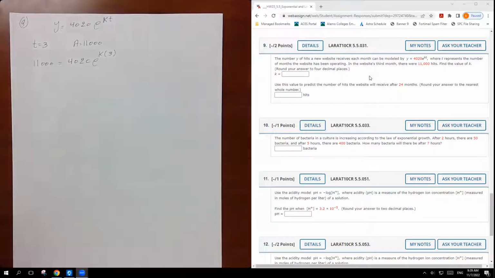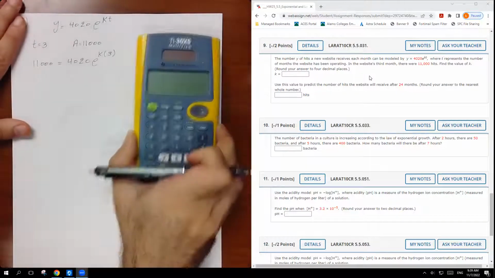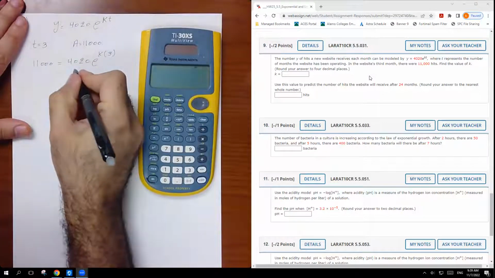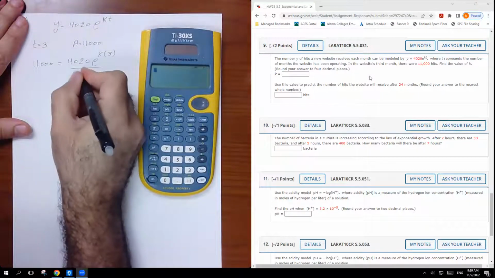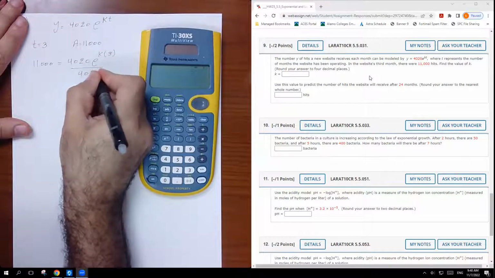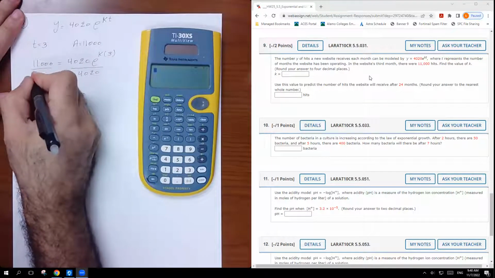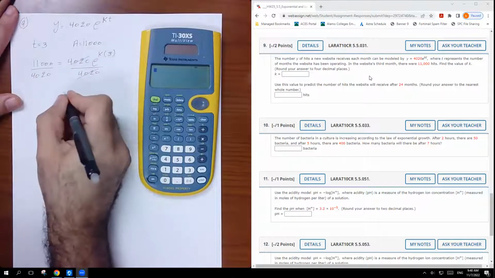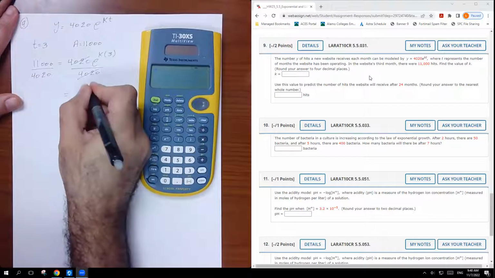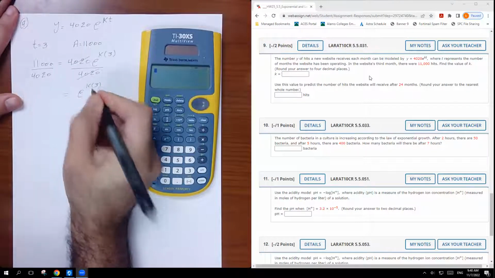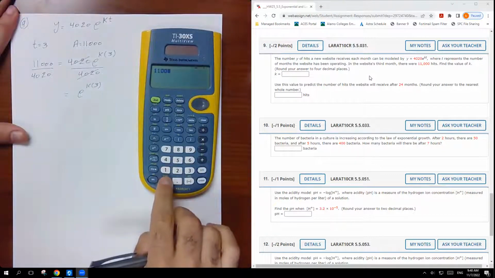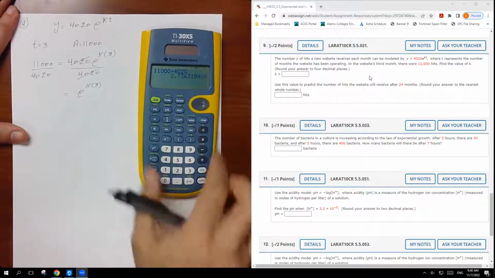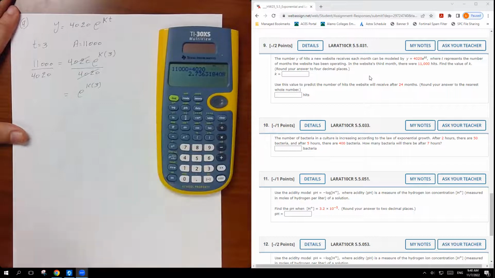So we're going to divide both sides by 4020. Cancel here. On the left side, e to the K times 3. Now 11,000 divided by 4020 is going to be 2.736.